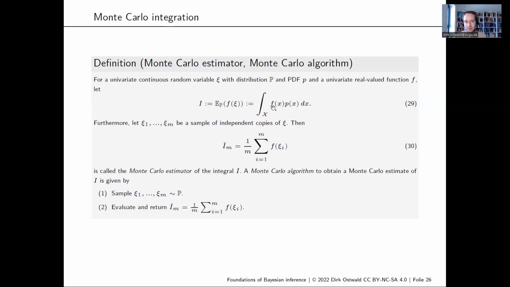Namely, it's the integral of f(x) times p(x) integrated over the space of x. So you have an integral here, and that's an expected value.